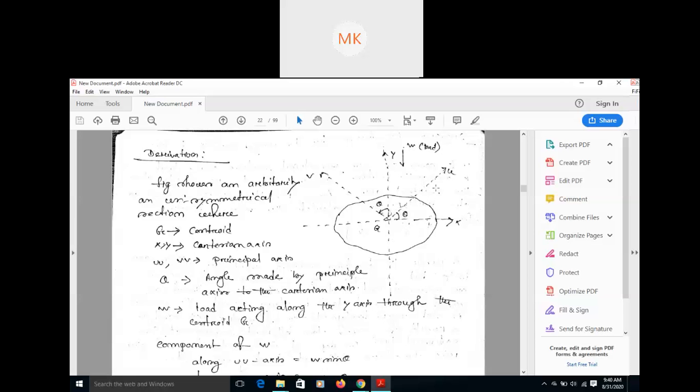It is the angle between the principal and Cartesian axes.